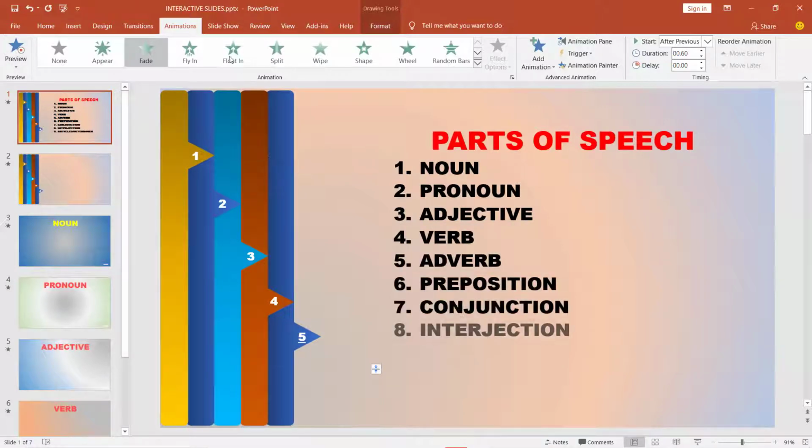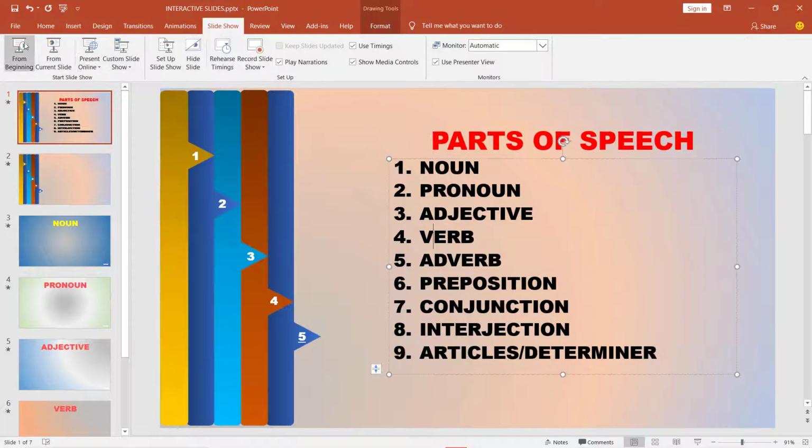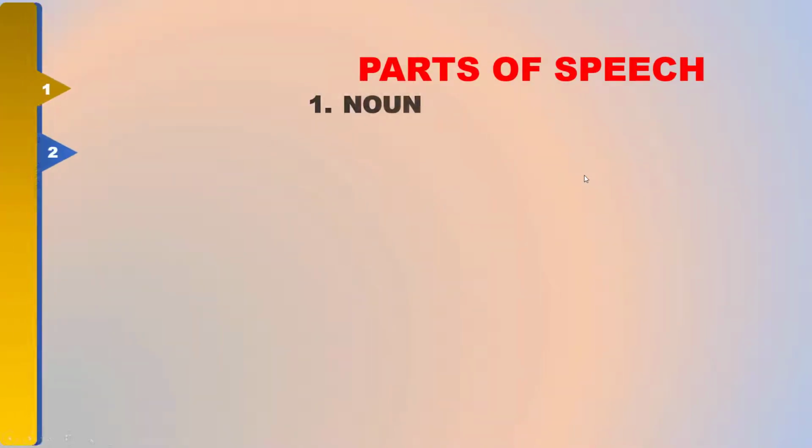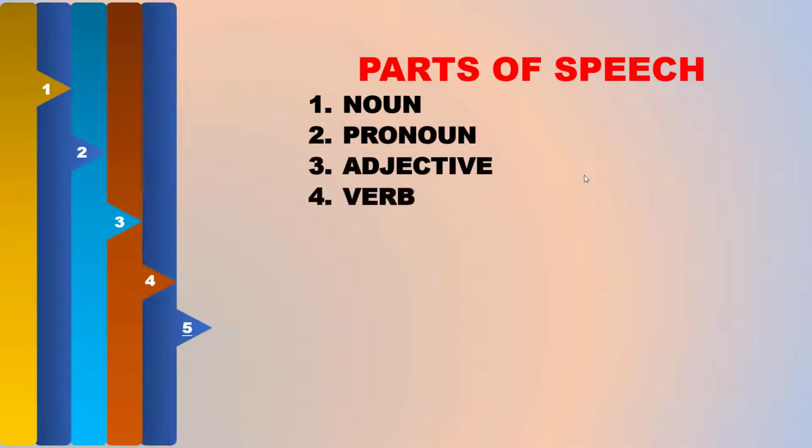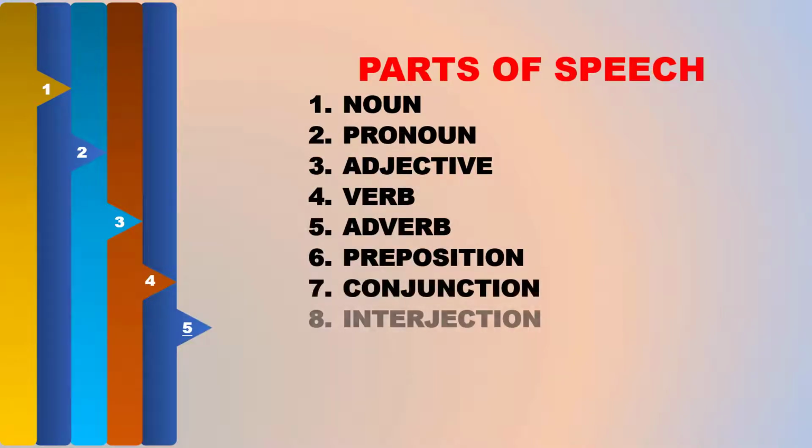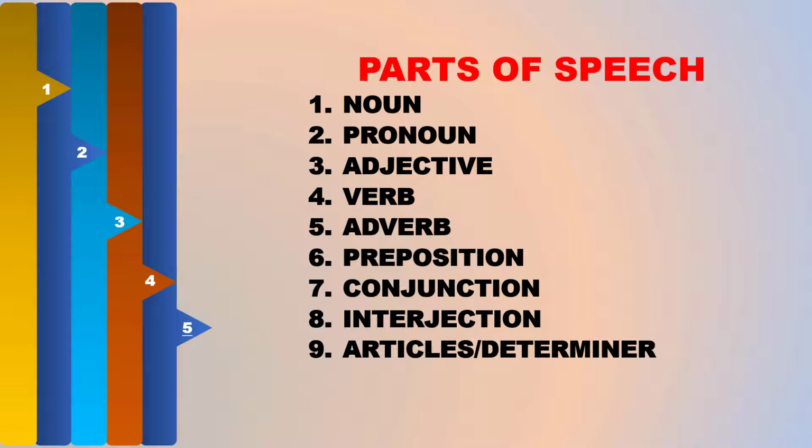All right. Not only that, let us now move on. This is the slide presentation. All right. So now let me click number 2. Number 2 is pronoun. It will take me to slide 2. Now I click.